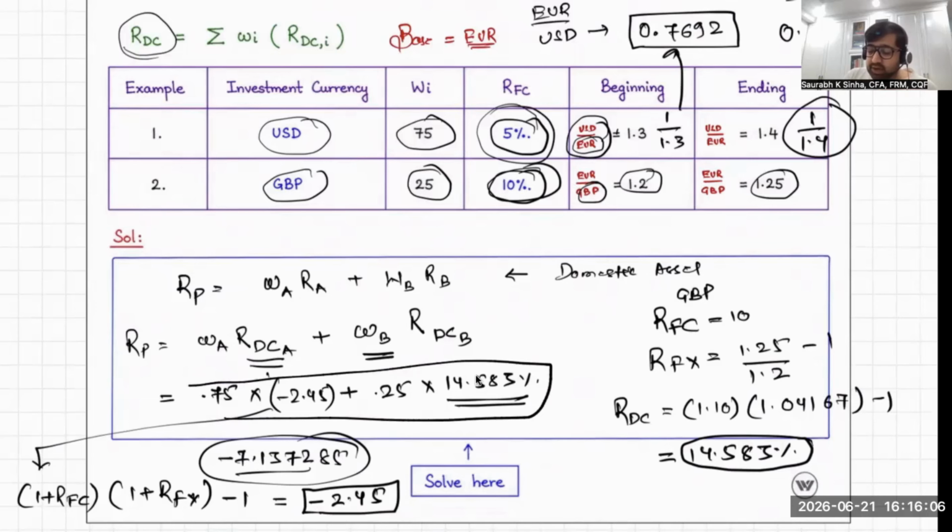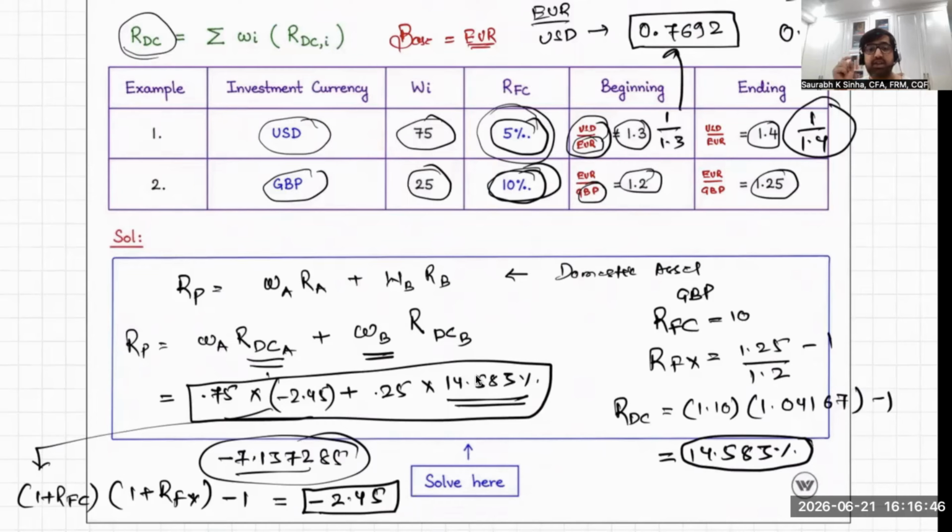If you would have used this quotation of 1.3 and 1.4 directly, first of all, this will give you incorrect appreciation of USD. The second, even if you say that USD has depreciated and I can simply use 1.4 upon 1.3 and find out the value, still you cannot use the value because if you do 1.4 upon 1.3, this will give you a value of 7.69% as a depreciation in USD.